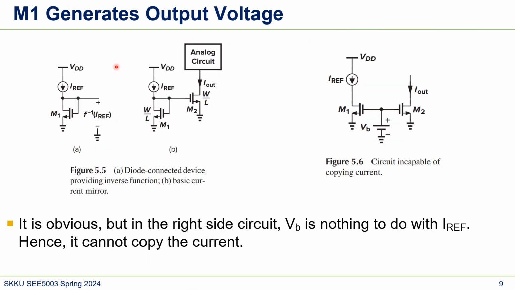I brought this figure from a Zabi book. This is very obvious. If you think this is obvious, then it means that you understand it well. So what it says is, first, our target was IREF.